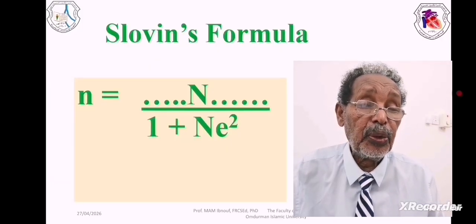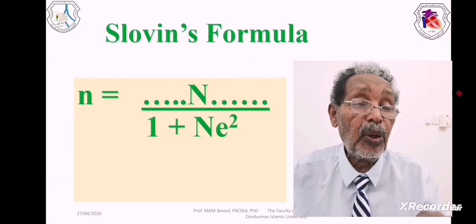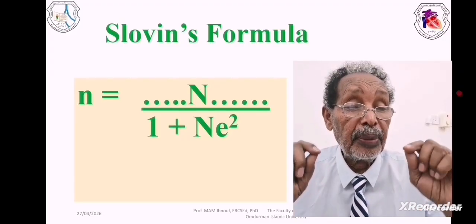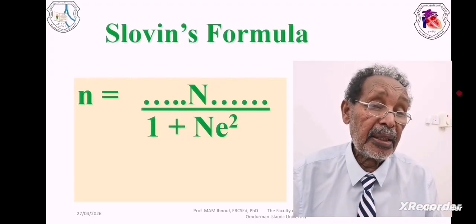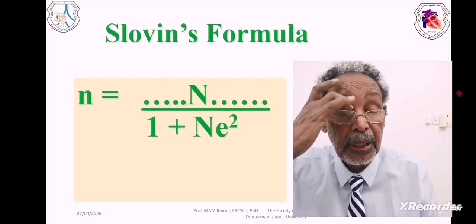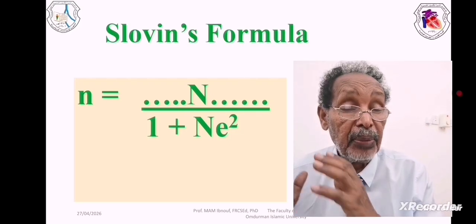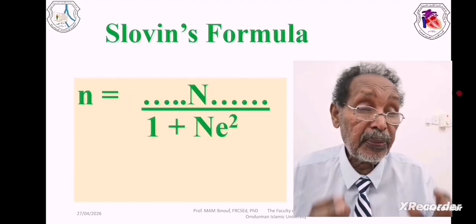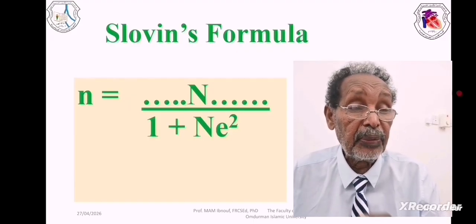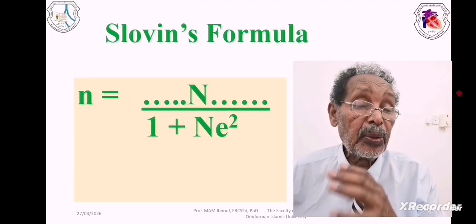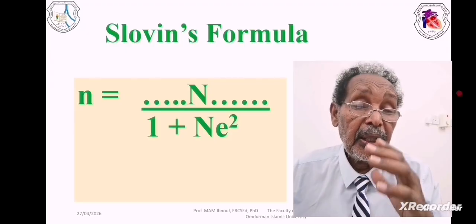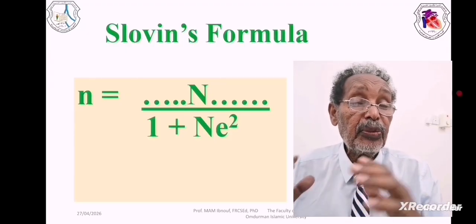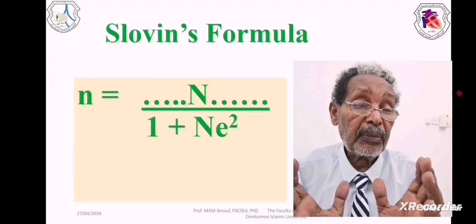The Slovin formula is meant only for a known population size. Known population size, we get it usually either from the medical records, or from the laboratory, or from the X-ray department, from the ICU, from the emergency room, whatever. The source of the total population, or from the Ministry of Health, usually there is a source to give you the total population.